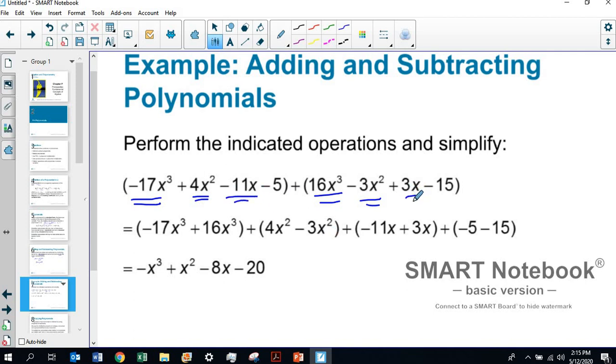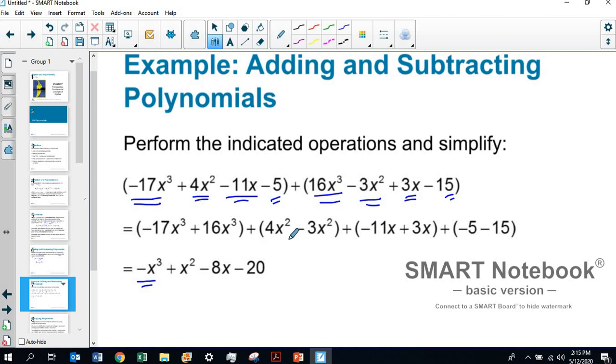Negative 11x plus 3x, we're going to put the x's together, and then we're going to put the constants together as well, negative 5 and negative 15. And so we group those together, and then we add the coefficients. Negative 17x cubed plus 16x cubed is negative 1x cubed. 4 minus 3x squared is 1x squared. Negative 11 plus 3 is negative 8x, and then negative 5 minus 15 is negative 20.